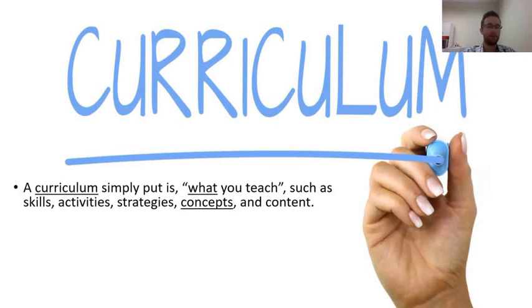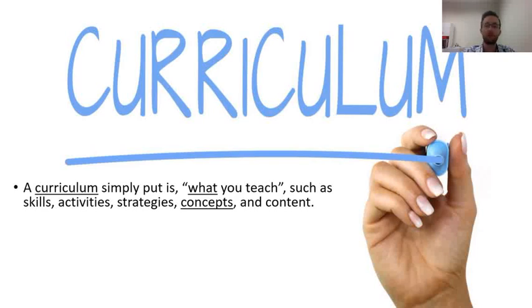Okay, so first let's talk about curriculum. Curriculum, simply put, is what you teach, such as skills, activities, strategies, concepts, and content. An example of a skill is teaching a young child how to use glue. An example of an activity could be how to play Connect 4 or other board games.